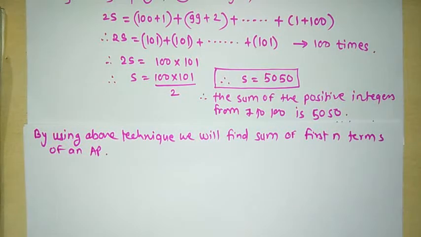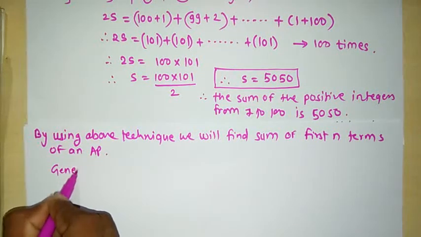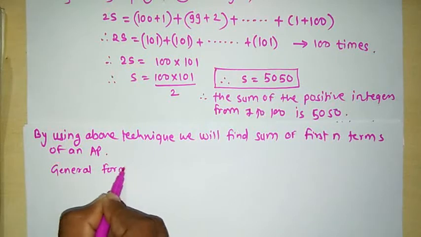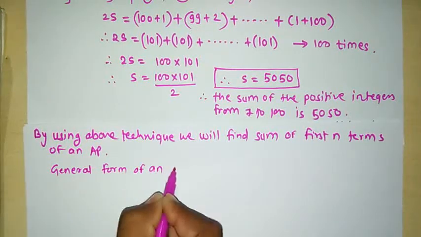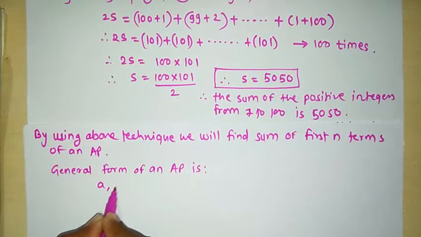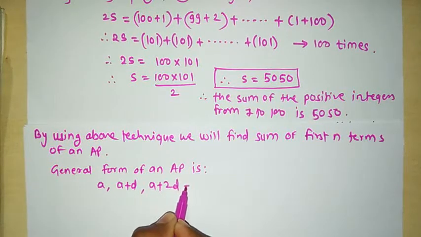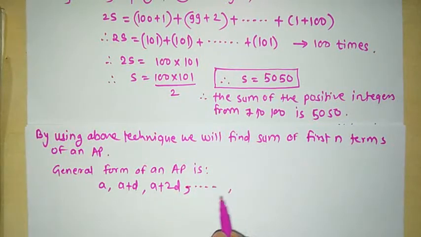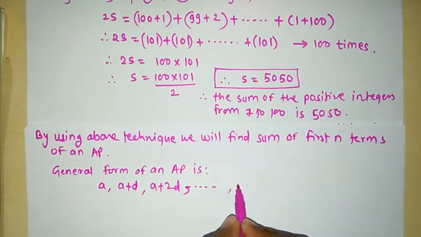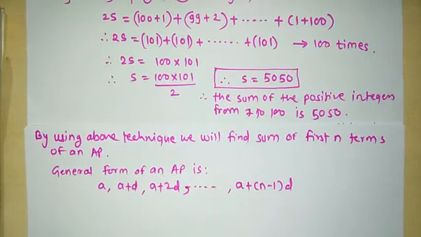Now we know that in general form the AP can be written as follows. The general form of an AP is: first term is a, second term will be a plus d, third term will be a plus 2d, and so on, and the last term, that is the nth term, can be written as a plus n minus 1 into d.